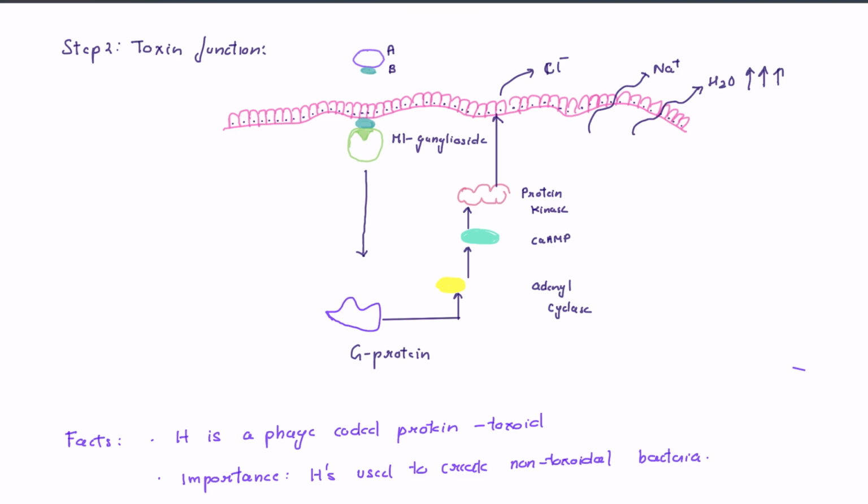It uses ATP, and as soon as it uses ATP, it activates cAMP, and the cAMP activates protein kinase, and this activates membrane chloride channels. So when chloride channels are excited, they secrete chloride into the lumen.